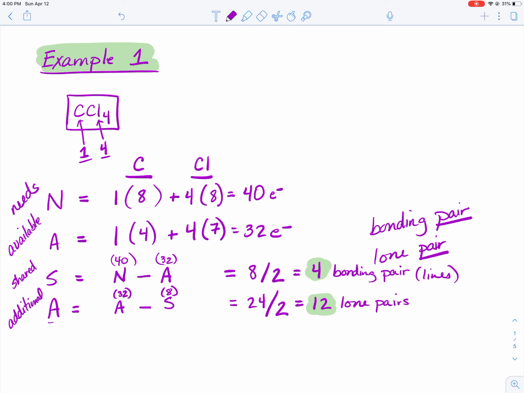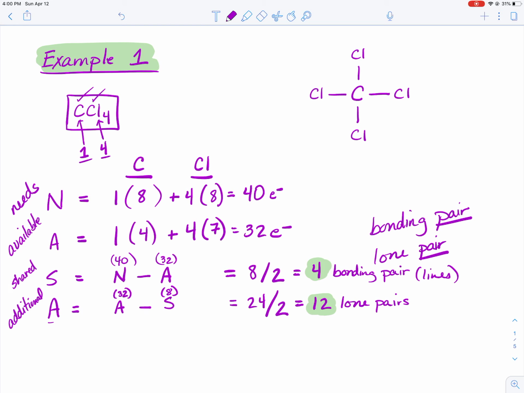You want to connect everything to your center atom, not to each other, just to your center atom, and you want to draw it in a symmetrical way. The way that I could see CCl4 drawn is 1 carbon in the center, and each one of our chlorines attached by a single bonding pair, making it look like a plus sign. So you would have all 4 chlorines attached to the 1 carbon, and I'm taking into account that I've got the carbon represented and all the chlorines represented.